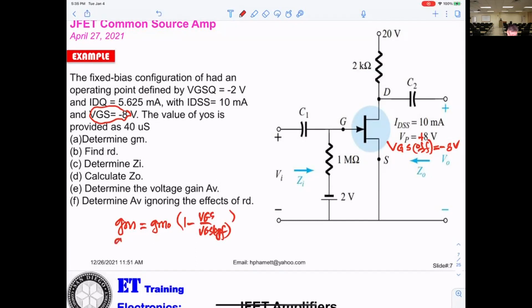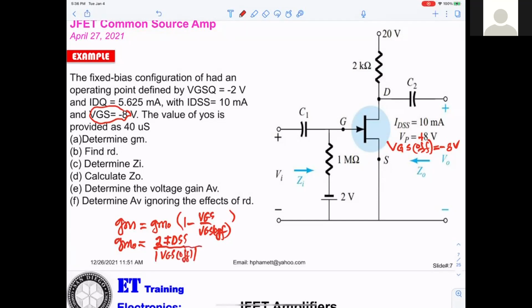And what does GM0 equal? You've got the formula: GM0 equals 2 times IDSS divided by the absolute value of VGS off.